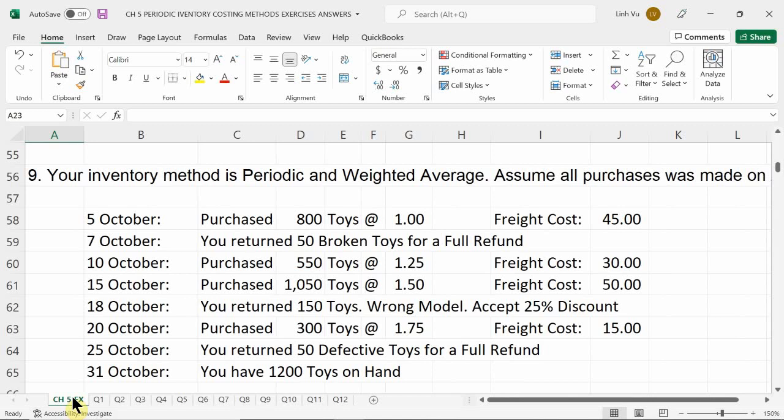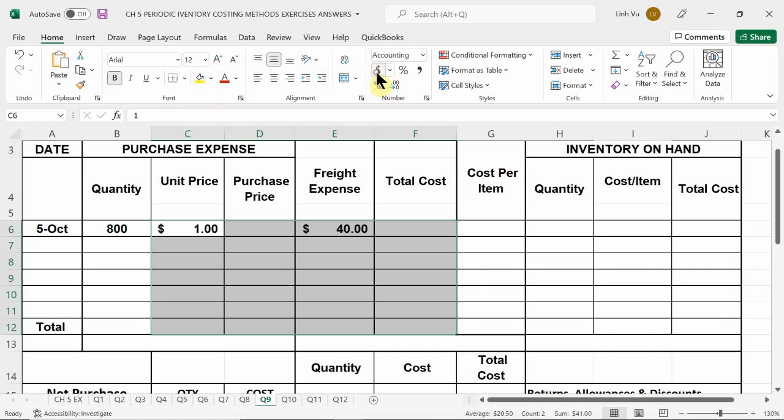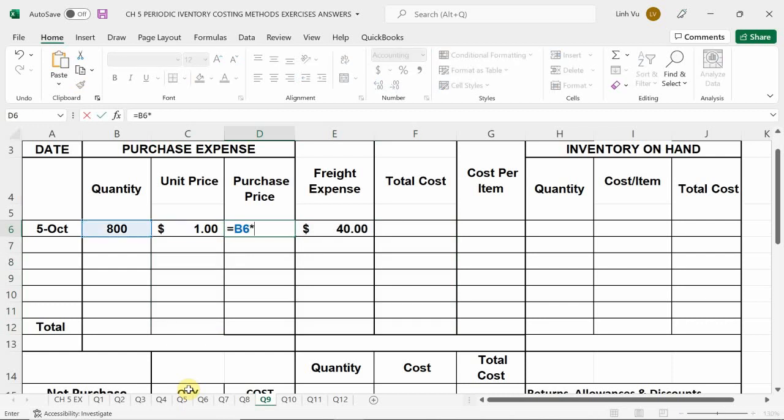So in this case, what should be my purchase price? $800.